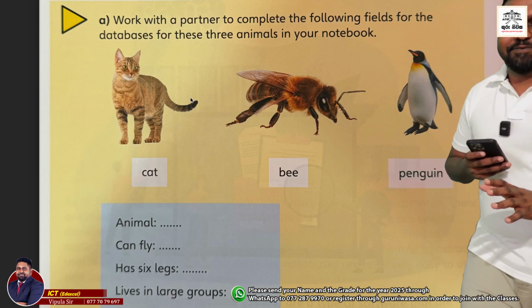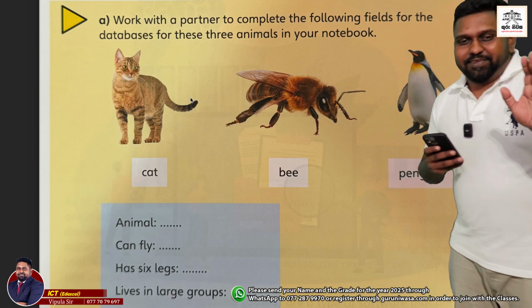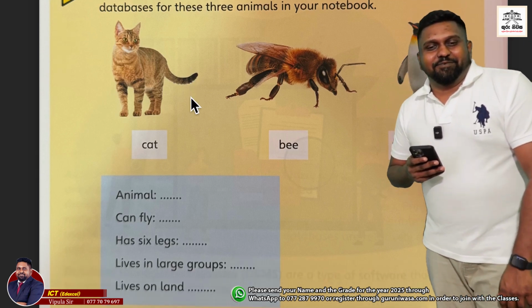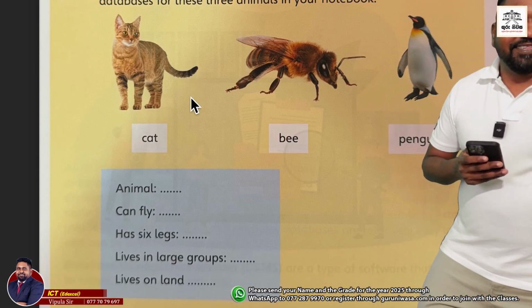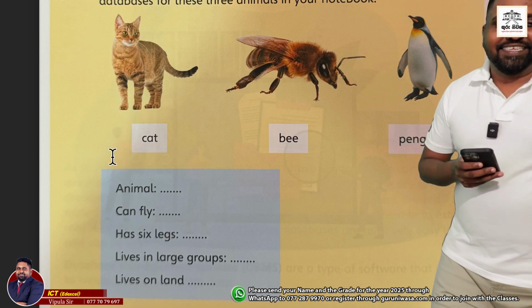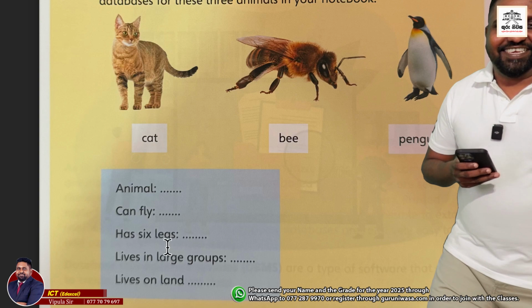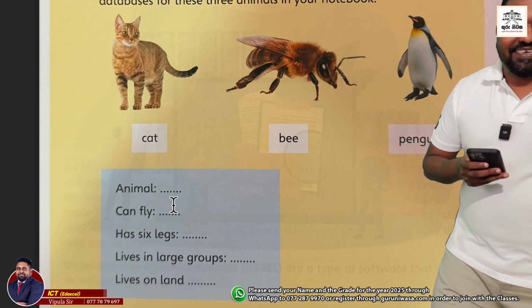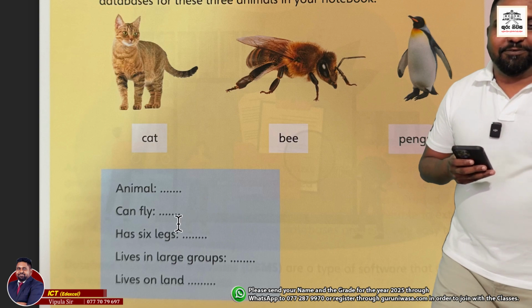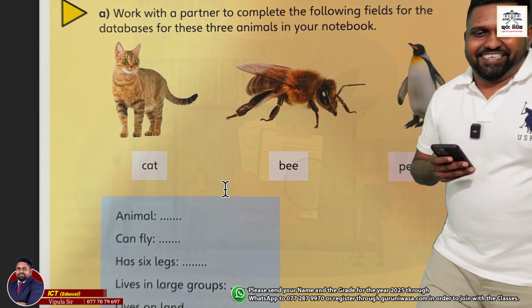Complete the following fields for the database for these three animals. So write it down: animal, cat, can it fly, number of legs, lives in groups or lives on land. Likewise.